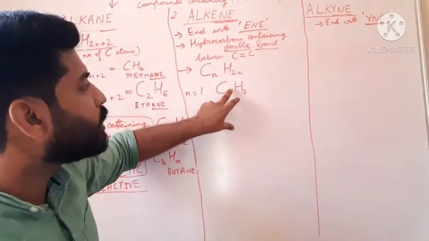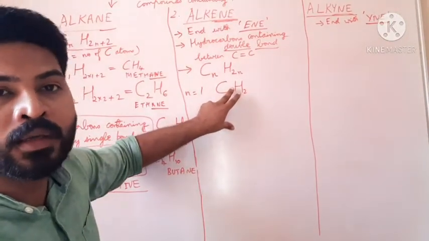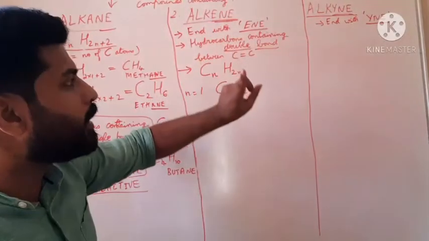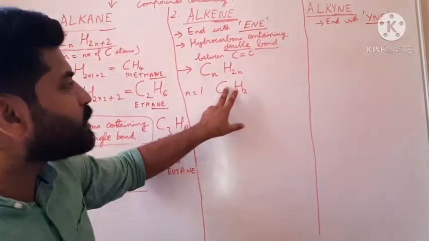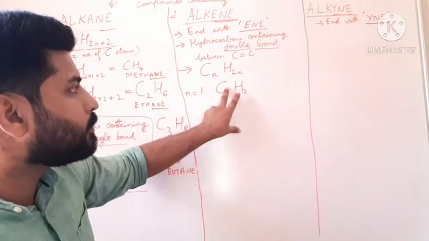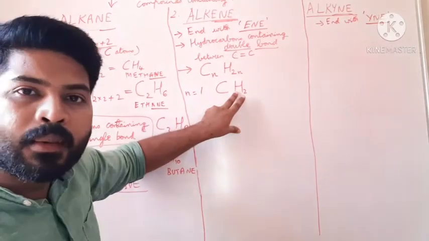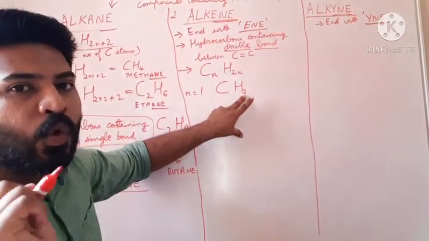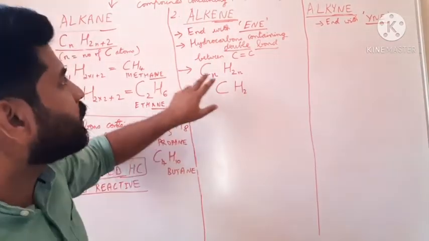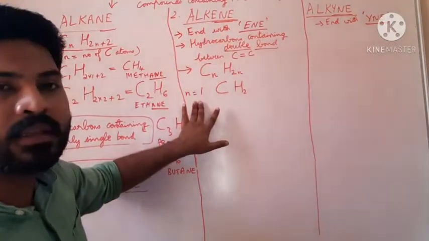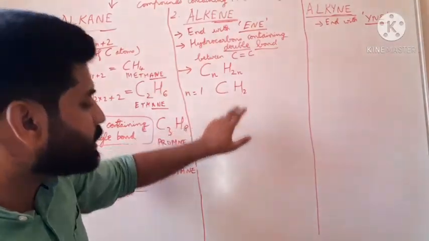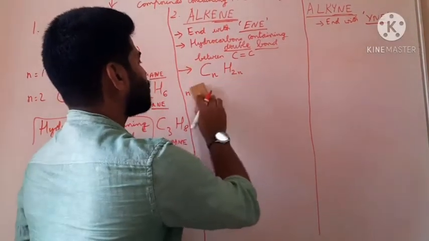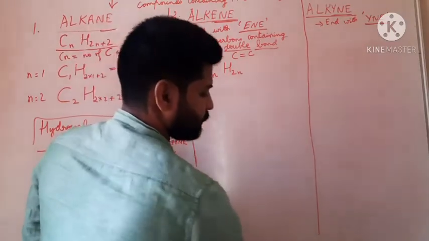Because there is no possibility of a double bond. There is only one carbon atom and hydrogen atom, and a double bond is impossible because the valency of hydrogen is only 1. So the first member of alkene is not this compound. This compound is not possible.